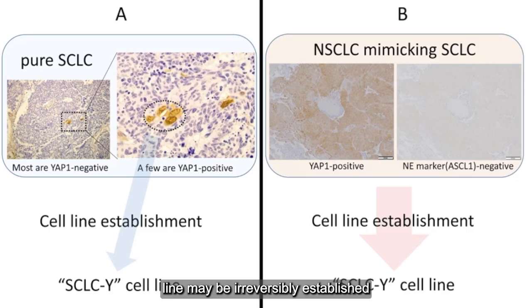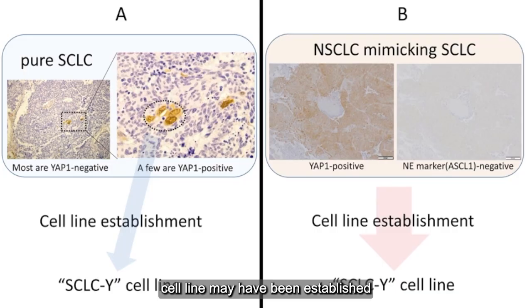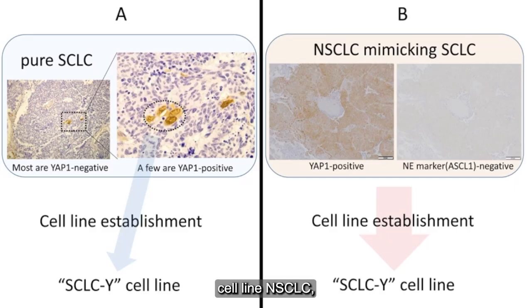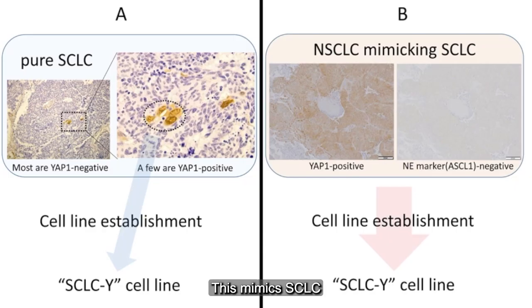SCLC-Y lines may be irreversibly established from these minor components in SCLC. The other possibility is that SCLC-Y cell lines may have been established from non-small cell lung cancer cases mimicking small cell lung cancer. It is well known that some NSCLC, for example basaloid squamous cell carcinoma, histologically mimic SCLC.